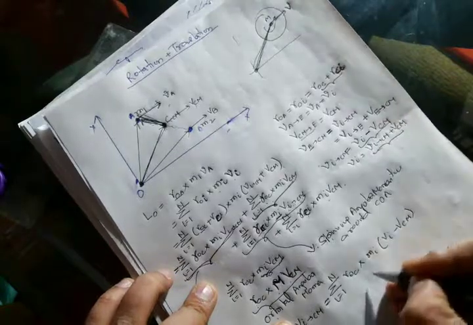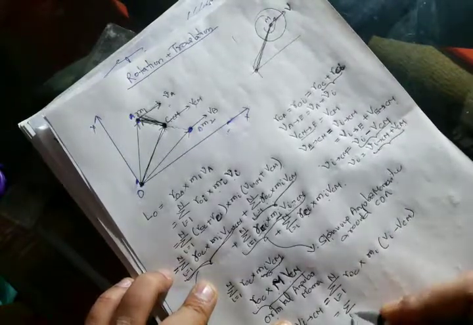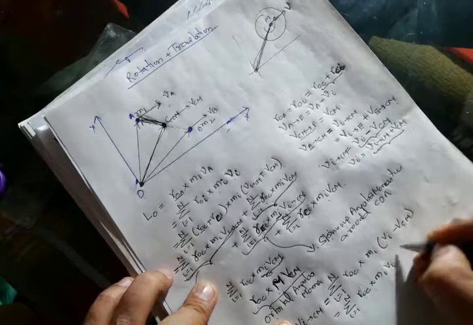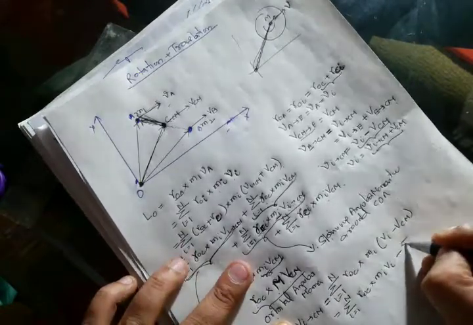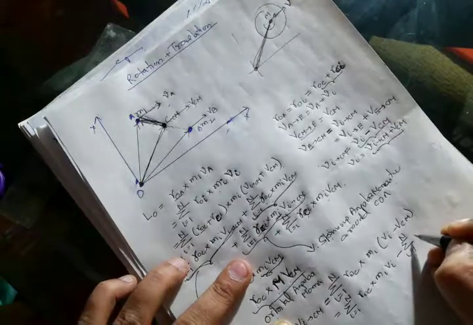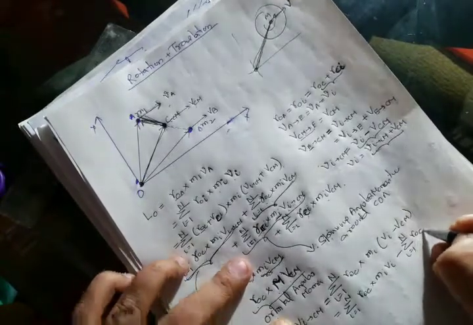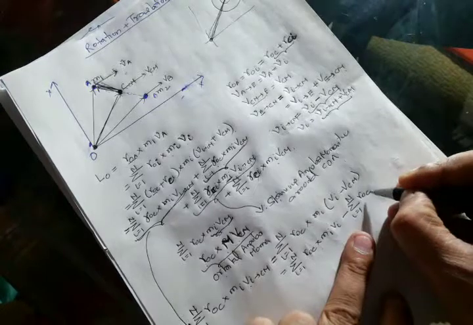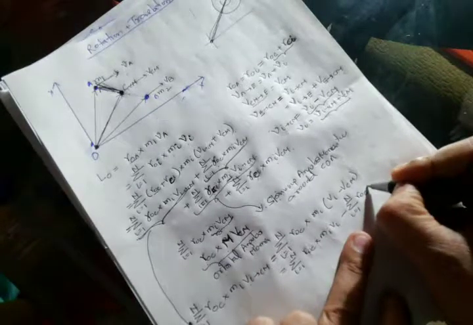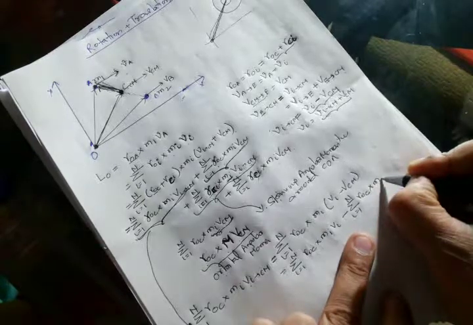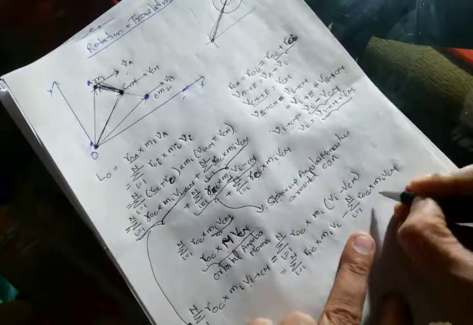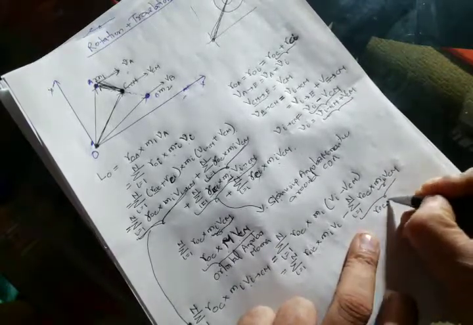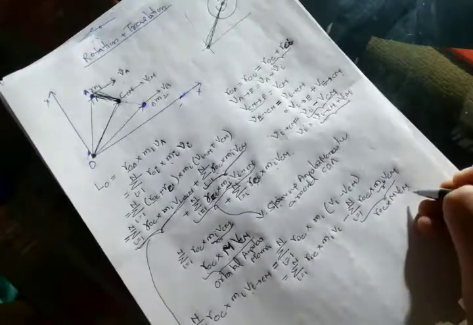That will be sigma i equals 1 to n R_OC cross m_i v_i minus sigma i equals 1 to n R_OC cross m_i v_CM.